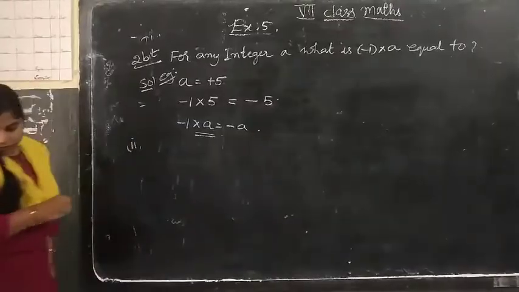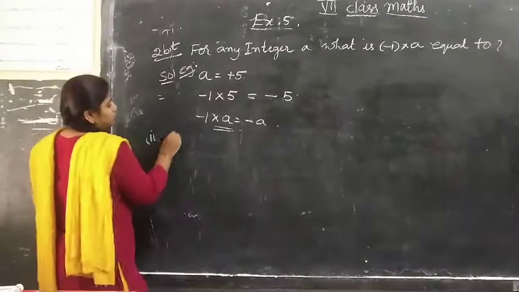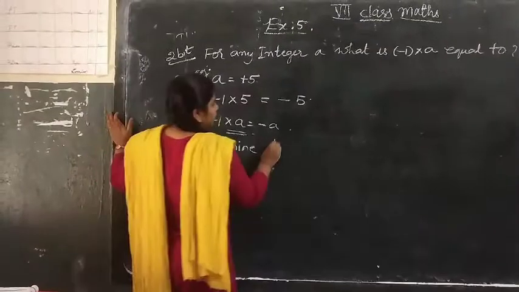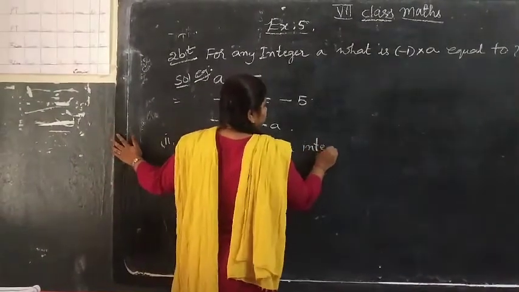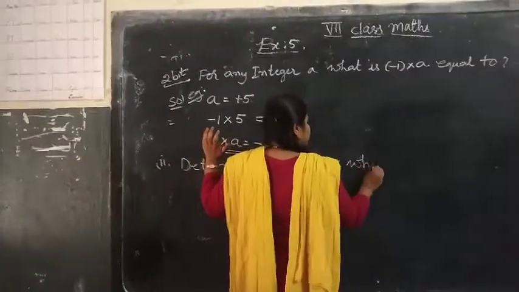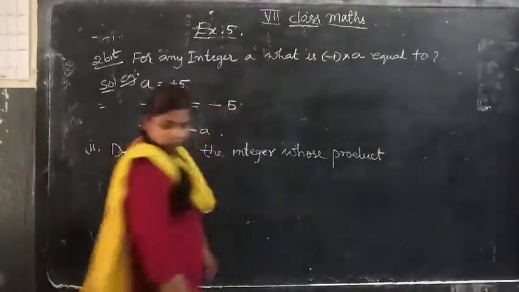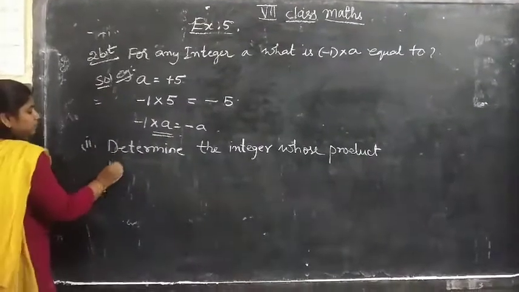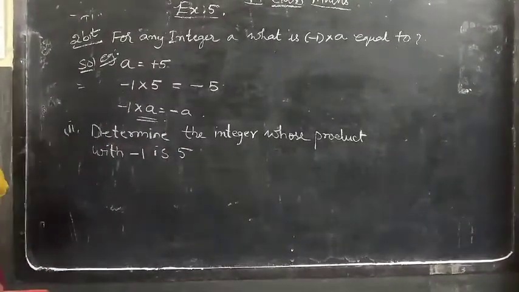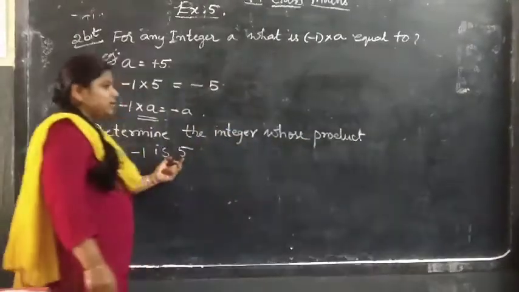In the second one, determine the integer whose product with minus 1 is 5.